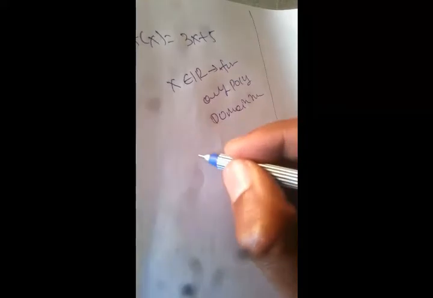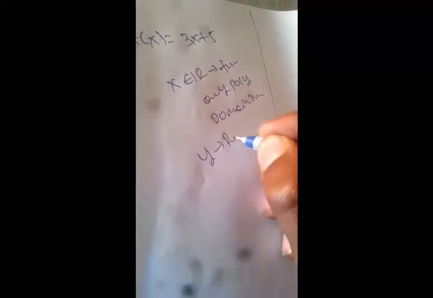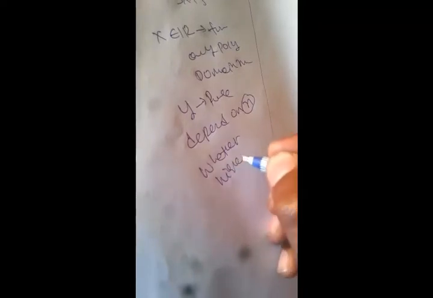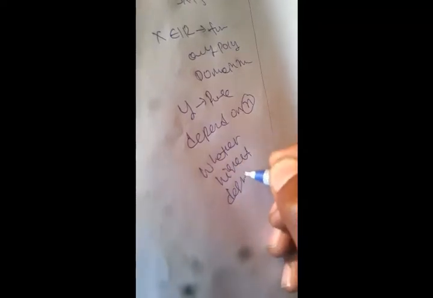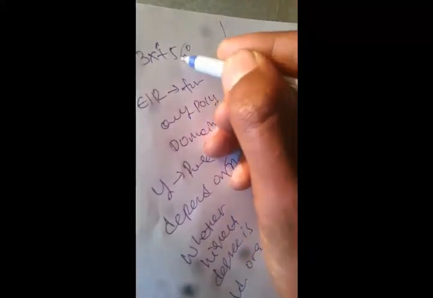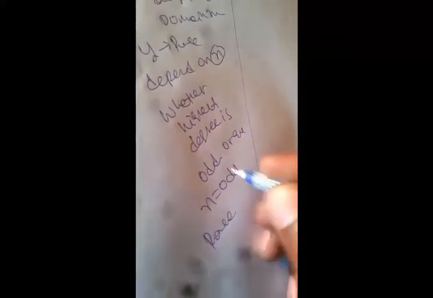But the range depends on n, that means whether the highest degree is odd or even. In our case, from x raised to 1 and x raised to 0, the highest degree is 1. Therefore, n is odd. If it is odd, range will be y, an element of real number.